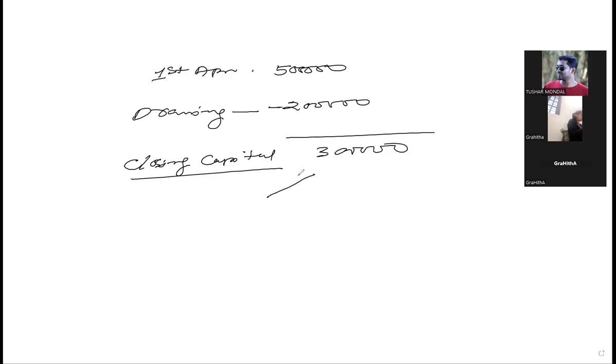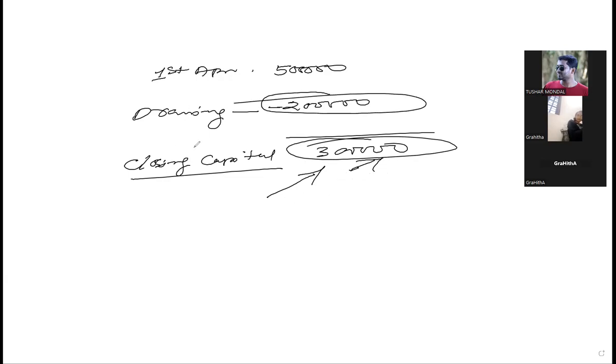So any capital given to you, that is always the closing capital. Remember that. When the partner's capital account is given to you, that is closing capital. If any drawings are there, they have already been subtracted from the opening capital, and then you got the closing capital.